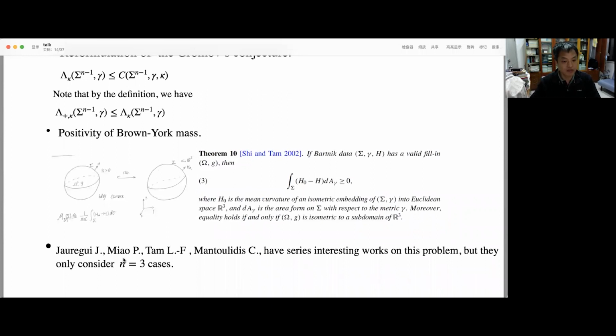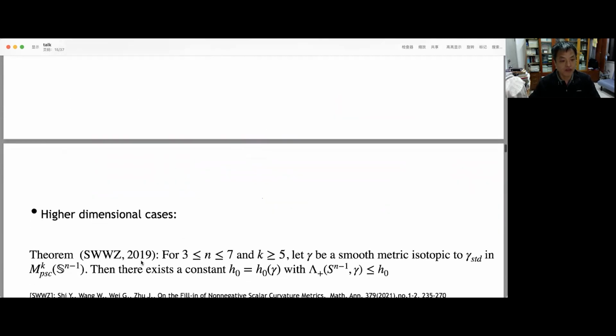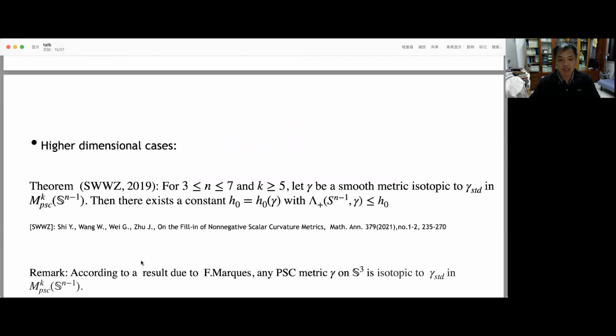And geometrically, P. Liu, Langford, and Mantoulidis have a series of interesting works in the low dimensional case, n equal to 3. So how about the high dimensional case? We do have such a result.